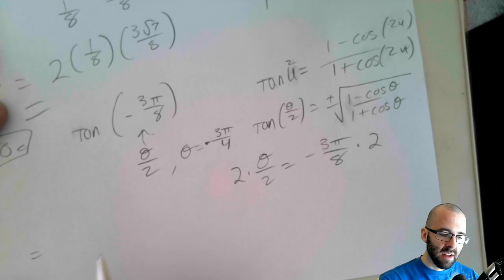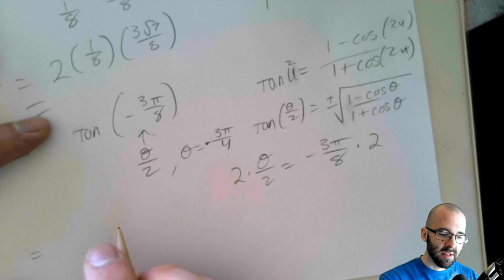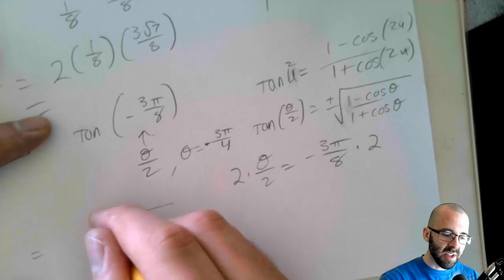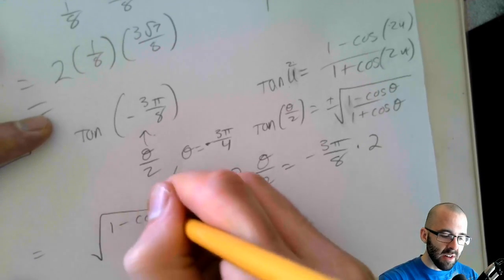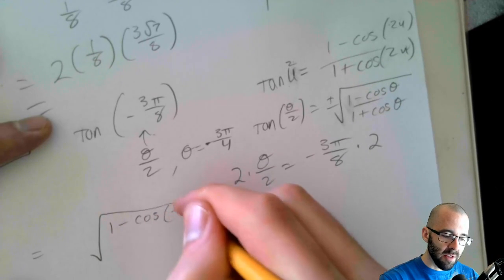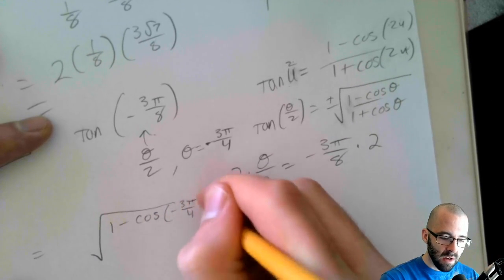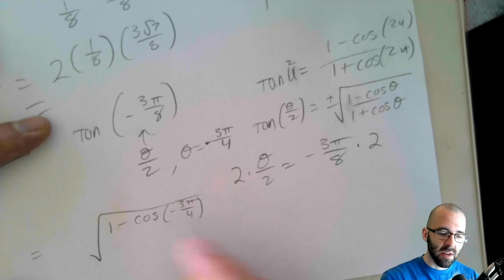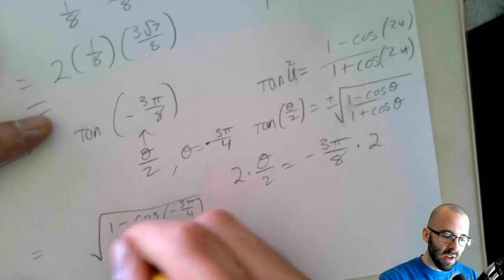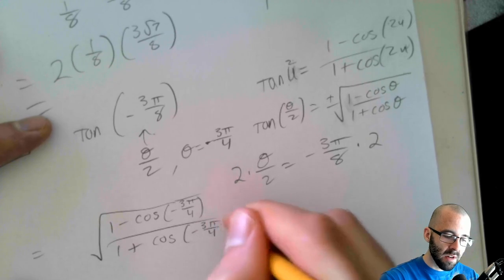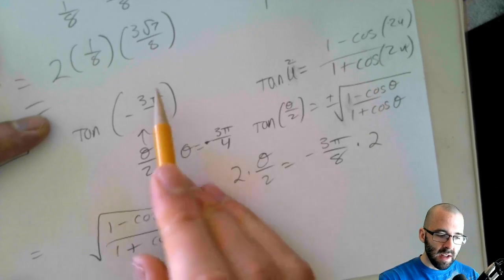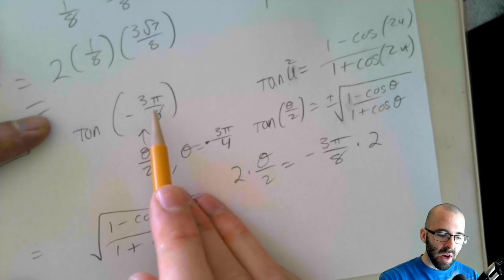Anyway, so you get that it's plus or minus. Let's leave the plus or minus blank for a second. 1 minus cosine of theta, which we said was -3 pi over 4, and this is an angle that we can evaluate, divided by 1 plus cosine of -3 pi over 4. Now, what quadrant is this in?